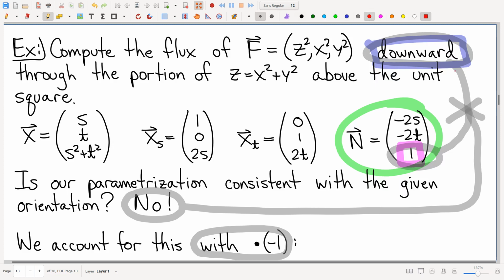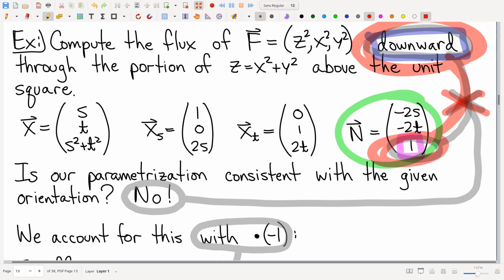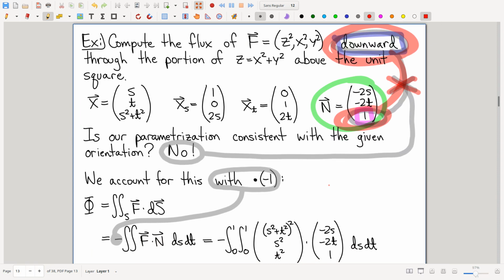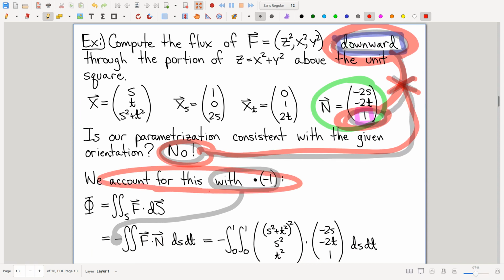So in the comparison between what I was supposed to do and what I actually did, I got it wrong. It's pointing the wrong way. Okay, so how do we fix it? Nothing to it. Easy to fix. I just recognize that I got it wrong, and so I account for this by a minus sign. And now we're fixed. That's all good, and we can just plug and check.